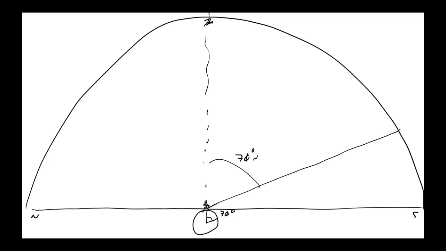The sun never sets. So how many hours of daylight do you have? 24. How many hours of darkness? 0. Now, here's the other thing about it. The sun never gets very high either. It's the highest over here, but it's the lowest over here. It doesn't get very high at all.